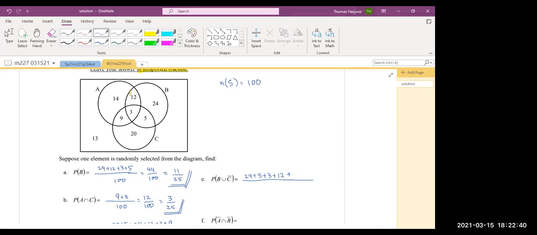So we already counted the ones in B, plus the ones outside of C. These are outside of C, but some of them are already counted. So I just need to add what more? 13 and 14, that's right. Okay, over 100.